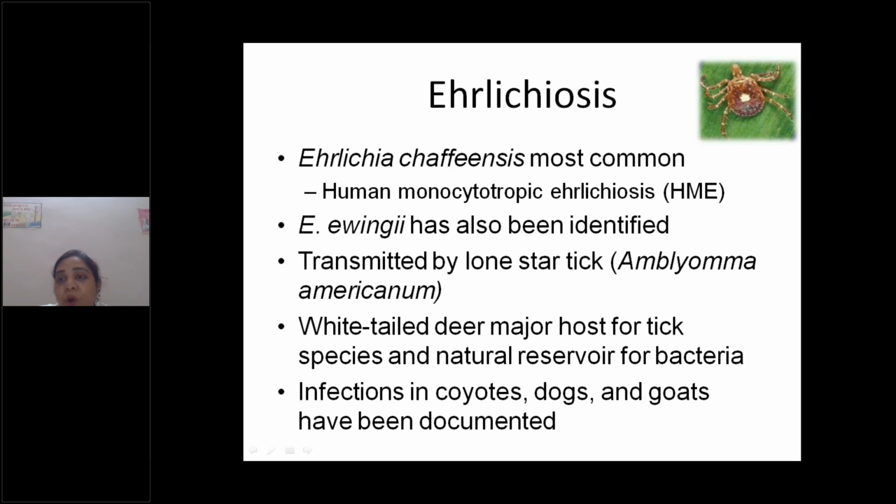See, in the middle of the body, there is a star-like mark. Next, reservoirs: white-tailed deer is a major host for the tick species. Infections usually take place in coyotes, dogs, and goats.